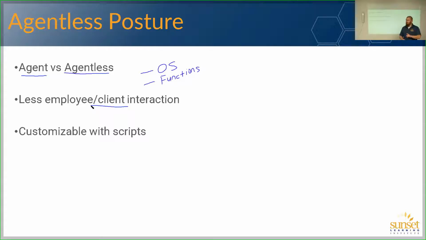What's the fix? The fix is agentless scanning. With agentless scanning, you still have an agent per operating system, right? So we're still going to have one for OS X and one for Windows. But that's pretty much it. What we're going to do is an agentless deployment where when a client initially connects, the limited access will allow the scripts to run.